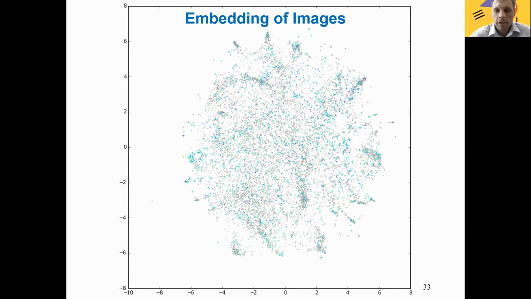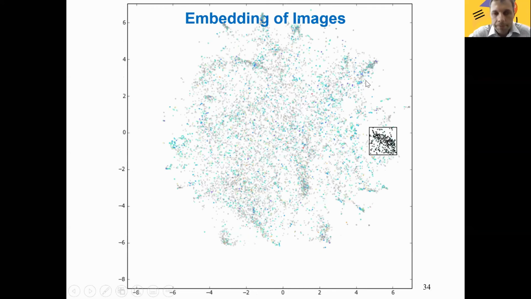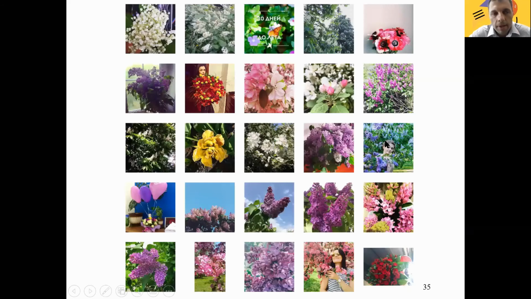And now let us look closer at this cloud of points. We take some part of the cloud of points and we zoom in. And now let us see what images correspond to each point in this cloud. Here it is, very interesting results.